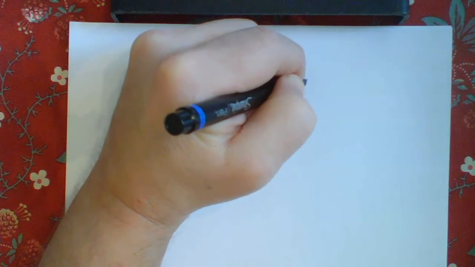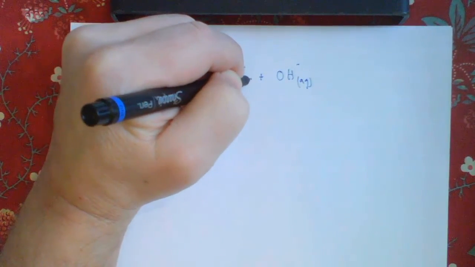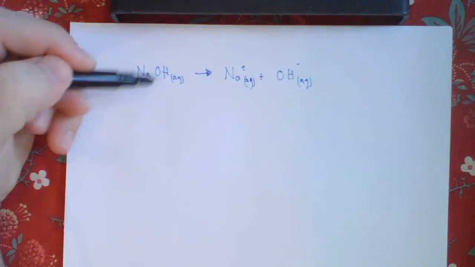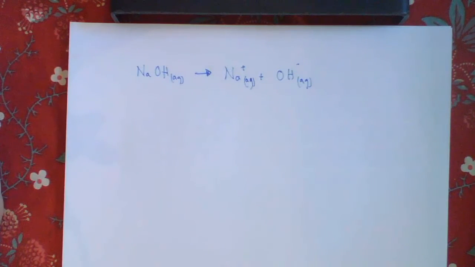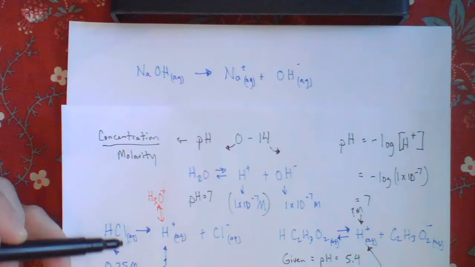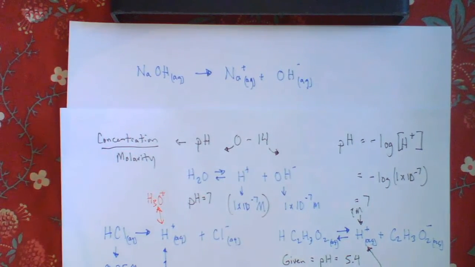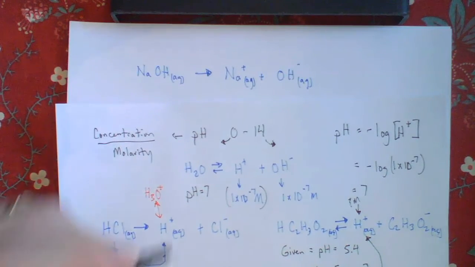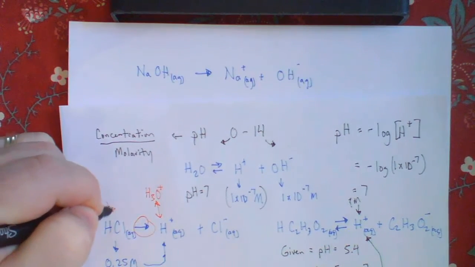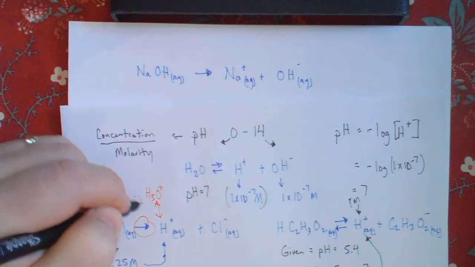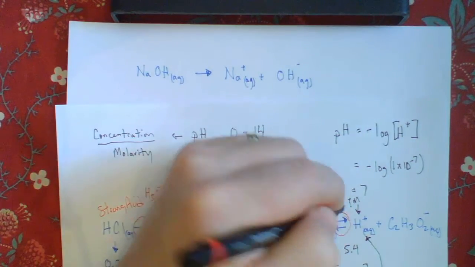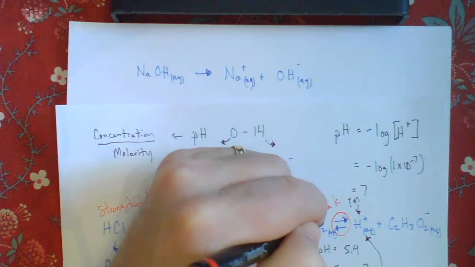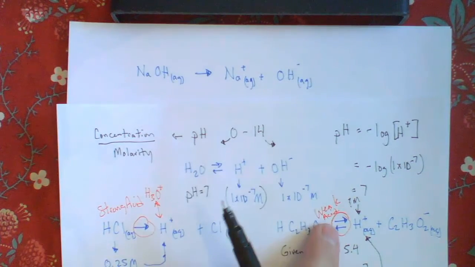And again, this one is going to be a strong base because it's going to dissociate fully. Something like hydrochloric acid is a strong acid because it dissociates fully, where the acetic acid was a weak acid because it didn't dissociate fully.